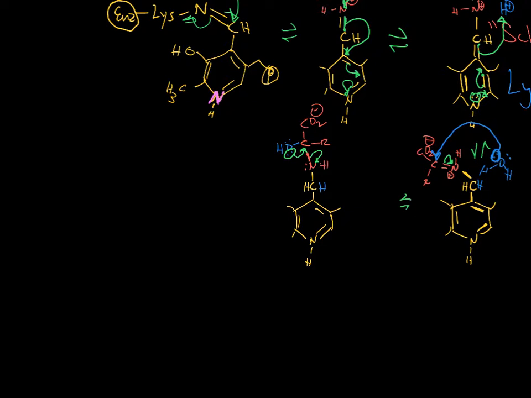Now if we draw what didn't change, like I said, this has got to happen really, really fast in vivo, and it's reversible, because otherwise you would die. Technically, all of these would be positively charged, the way it's drawn.